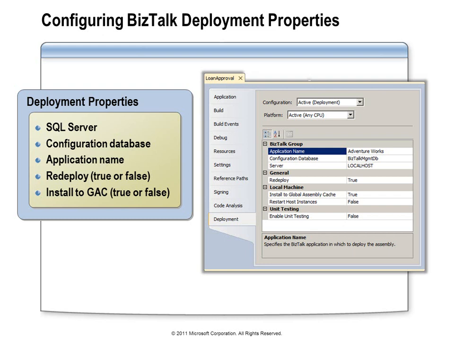You can see a couple of other options that are related to deployments to your local machine. So you can indicate if you want Visual Studio to automatically install your assembly in the global assembly cache. And you can also specify whether or not you want Visual Studio to automatically restart any host instances, and that could be useful during development when you need to deploy the same version of your assembly more than once.